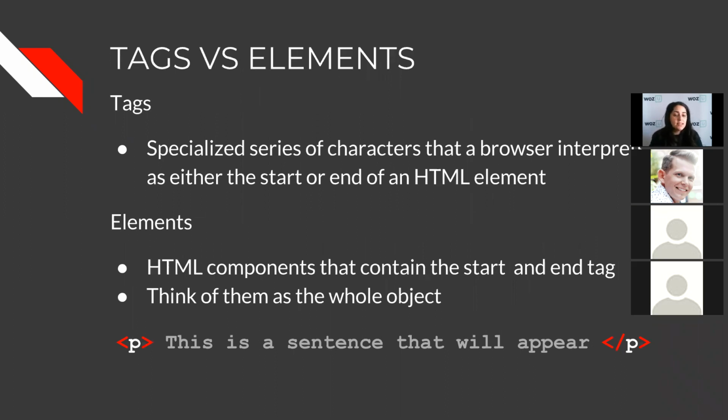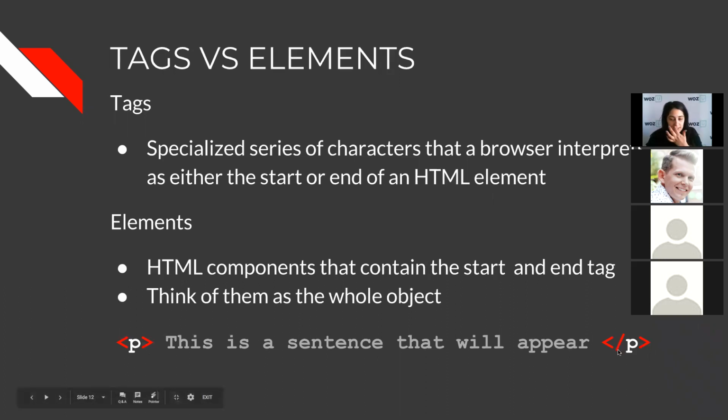A tag is a specialized series of characters that a browser interprets as either the start or end of an HTML element. If we look at this example down here with the P tag, in the red, that is the syntax for the tag. Without the slash is your opening tag, or start tag, saying this is the beginning of a paragraph element.